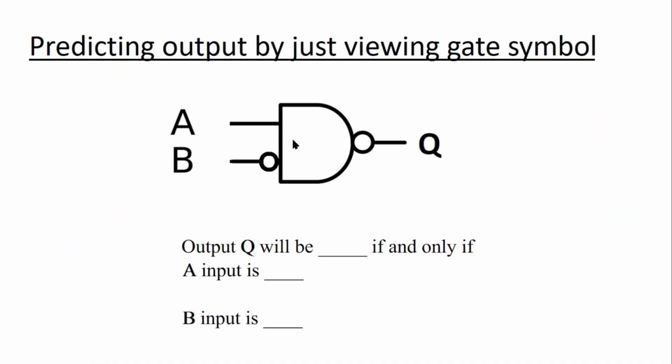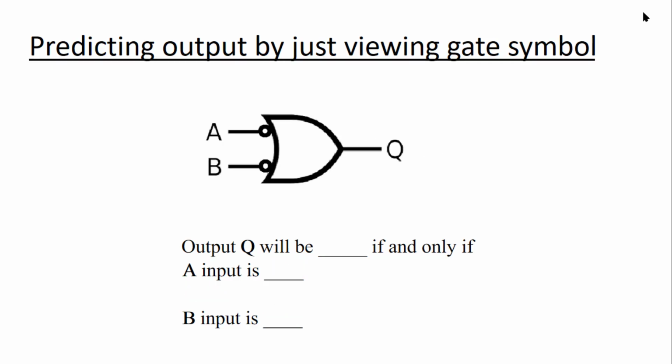And over here, this gate is a little different. Over here, you can see its output Q has a bubble, but its input B also has a bubble. So basically, output Q will be low if and only if the A input is high and the B input, where the bubble represents low, is low.